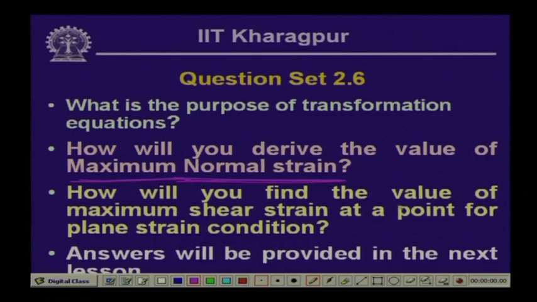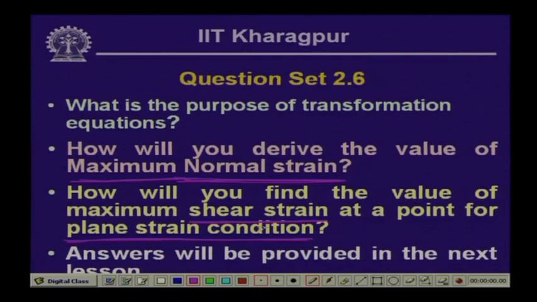Now, how will you find the value of maximum shear strain at a point for plane strain condition? This also is in similar line with the stresses, as we have computed the values of maximum and minimum shear when in a loaded structure at a particular point we had evaluated the stresses, and thereby we had computed the principal stresses, the value of the shearing stresses, and maximum and minimum shearing stresses.